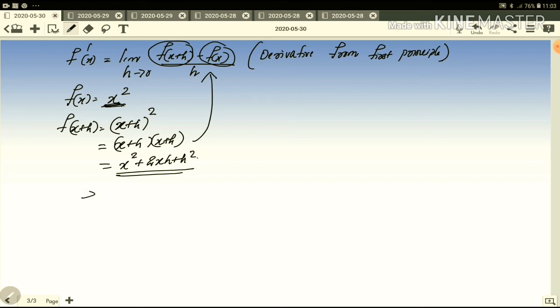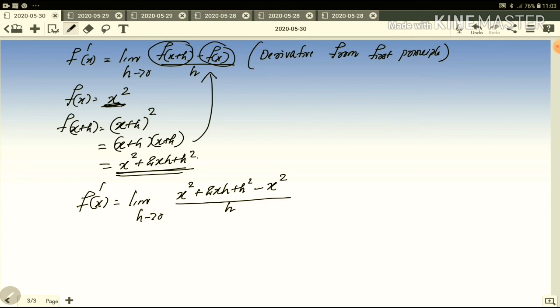So it's going to be f dash x is equal to limit h tends to 0. In the place of f of x plus h, you have to write x square plus 2xh plus h square, minus f of x, that is x square, divided by h.